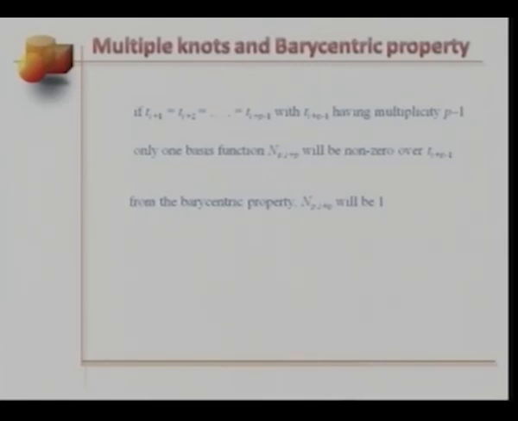And of course, from the barycentric property, it will be 1, which would mean that the B-spline curve will pass through the design point BI.